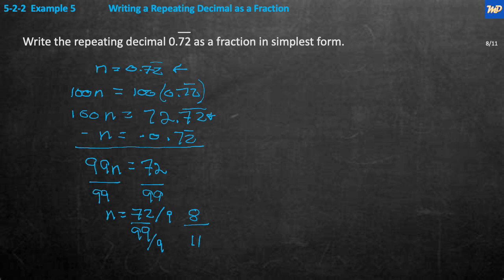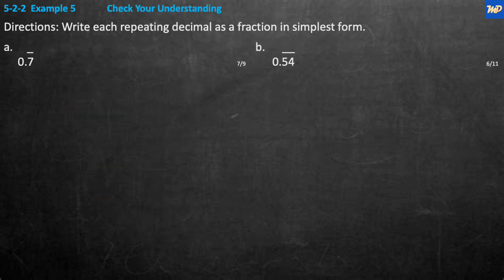So the answer here is, I'll write it up here, 8/11. Okay, that is the repeating decimal 0.72 repeating, written as a fraction.